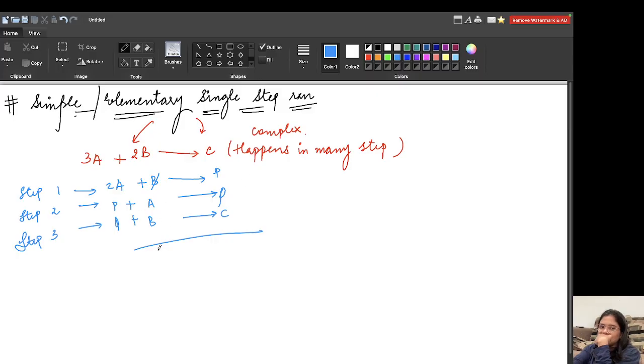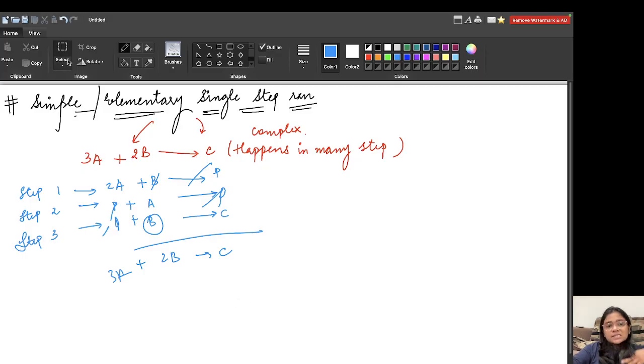B will become 2B here, A will become 3A here, giving me C. Rest everything got cancelled. So a complex reaction is something which happens in many steps. A single step reaction finishes in one step.